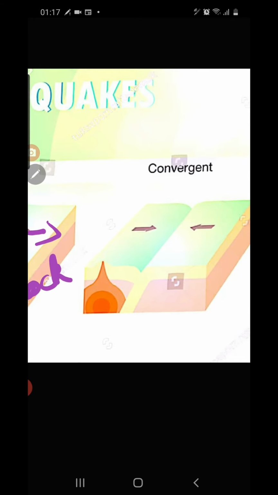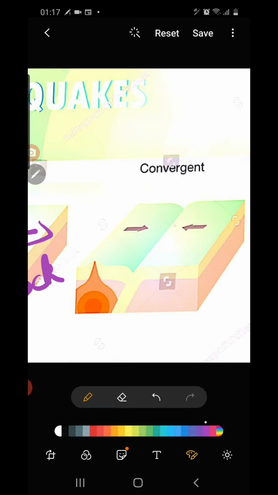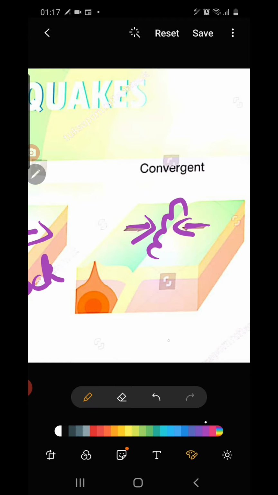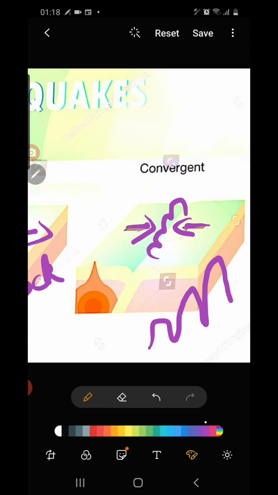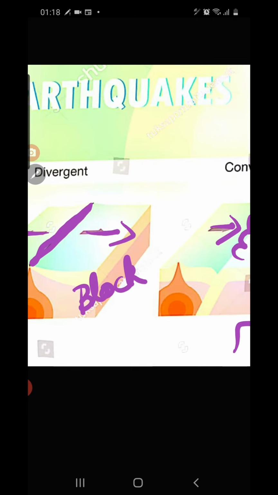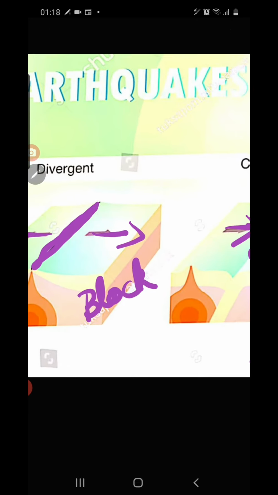And next you see the convergent boundary. Convergent we discussed already about Himalaya. They move towards the same direction and they collide with each other. So there forms a folding, and that is how fold mountains form. Now you see this is called a block mountain, divergent boundary.